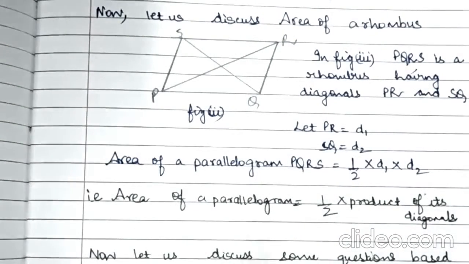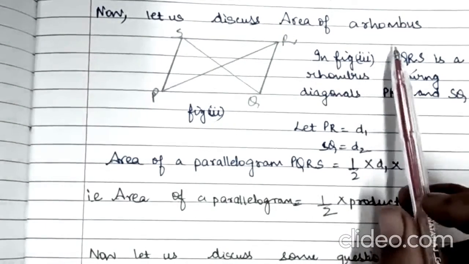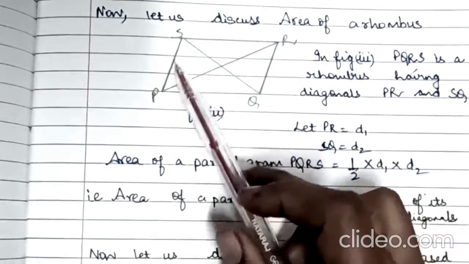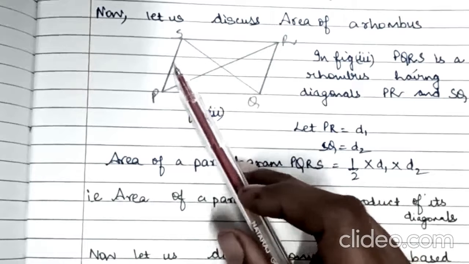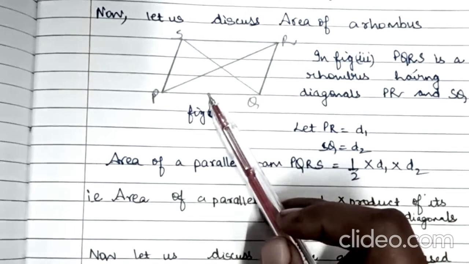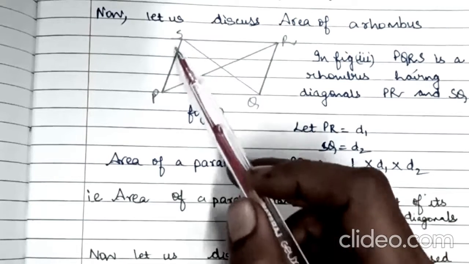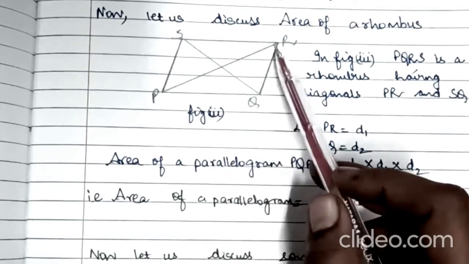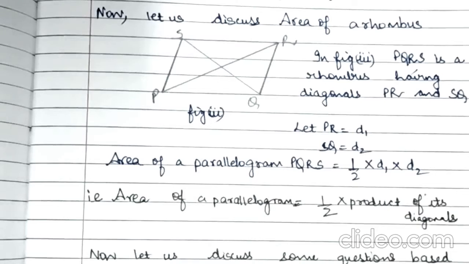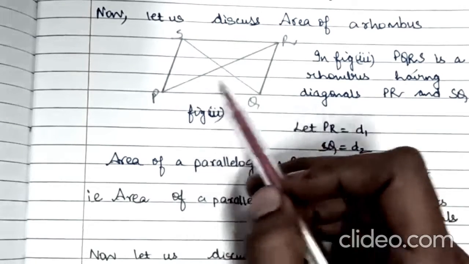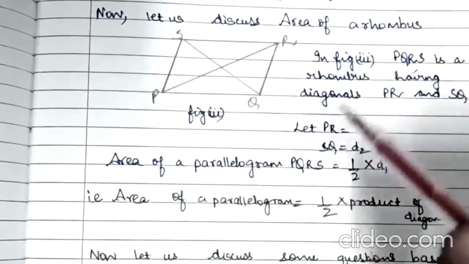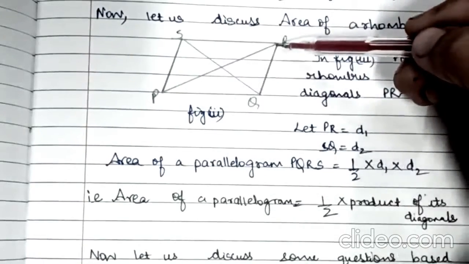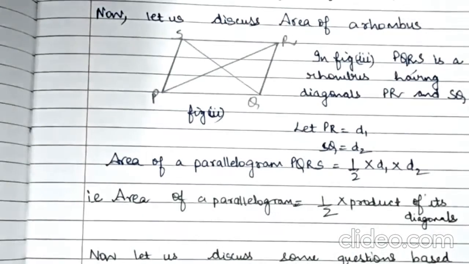Now let us discuss the area of a rhombus. A rhombus is also a quadrilateral having all 4 sides equal. Now consider we have 2 diagonals in a rhombus. PQRS is a rhombus having diagonals PR and SQ.